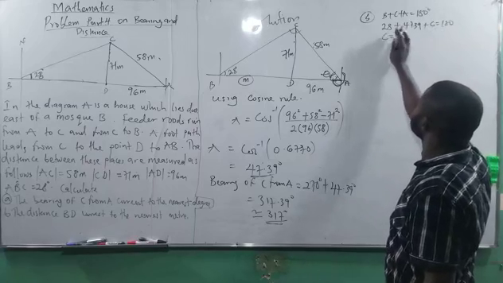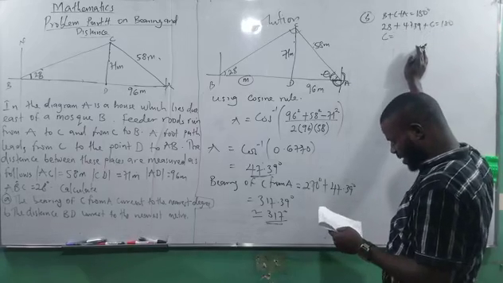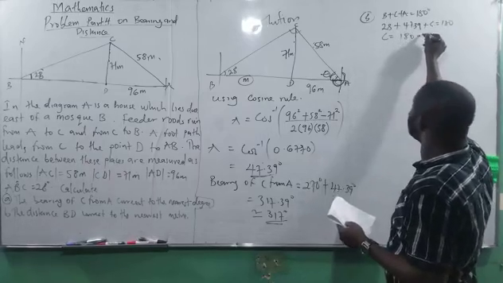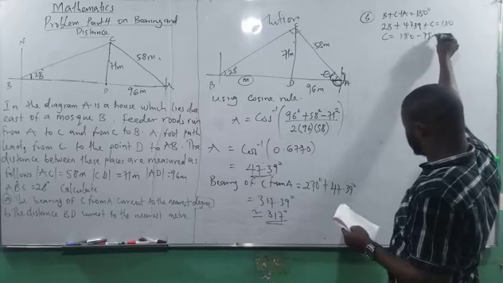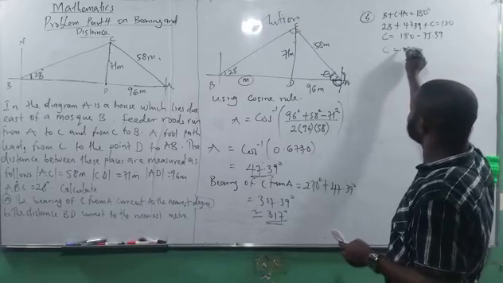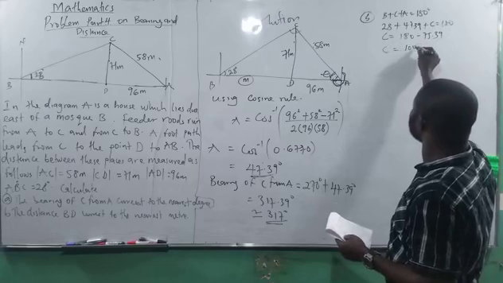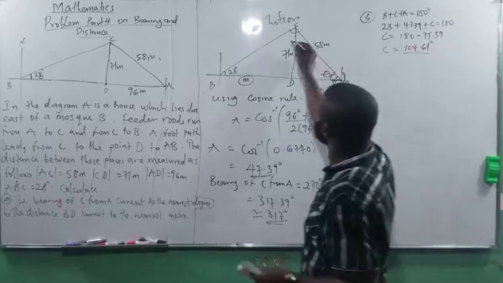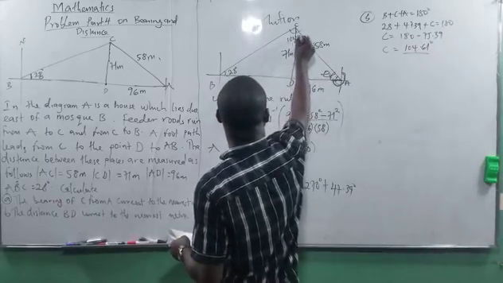By so doing, I'll be having 180 minus 75.39, which is 180, will be equal to 104.61 degrees. Now it means here is 104 degrees.